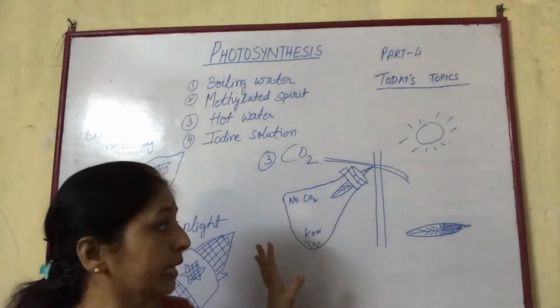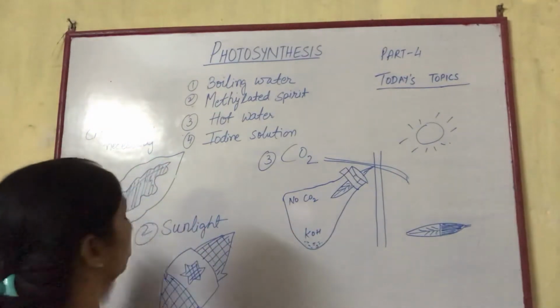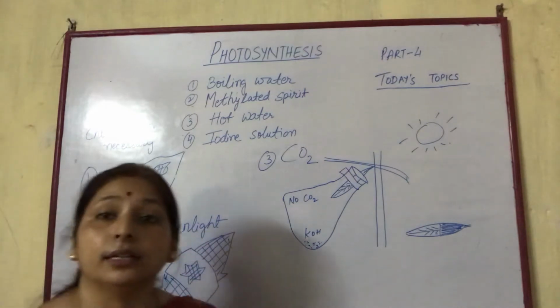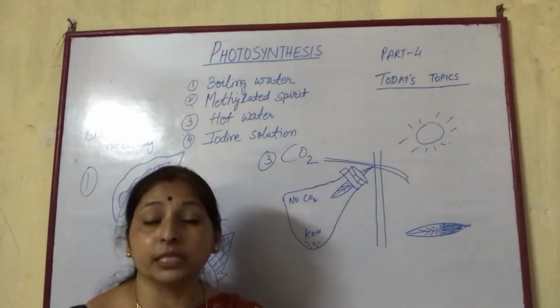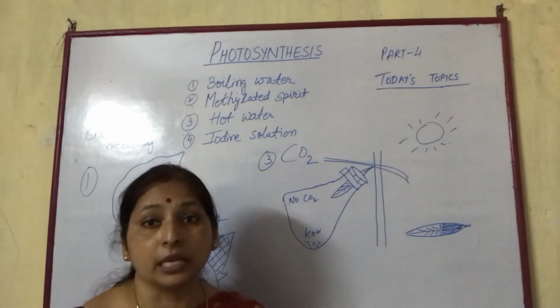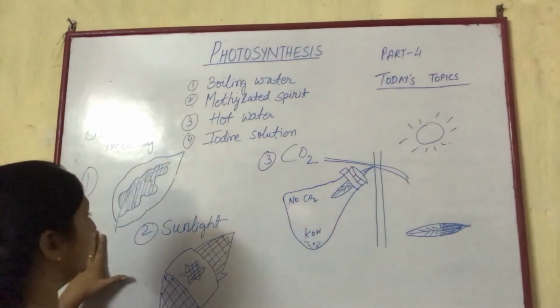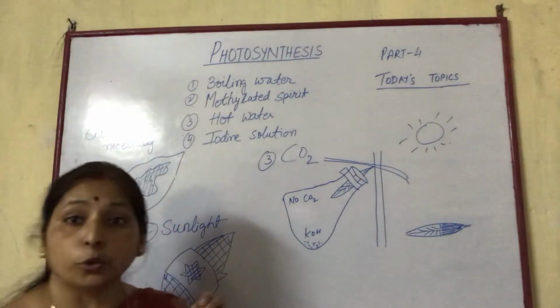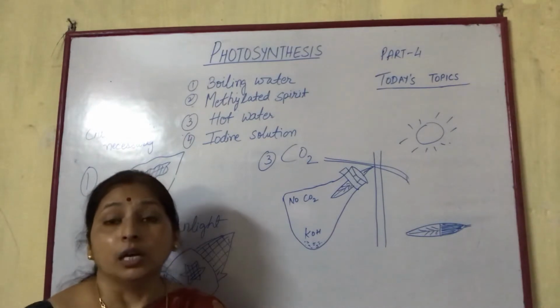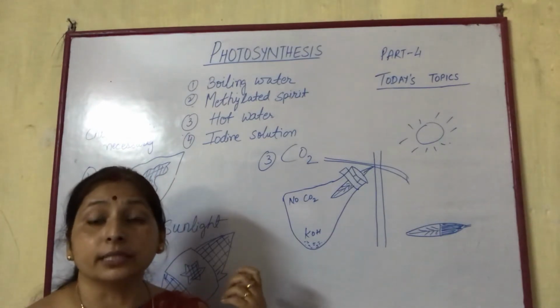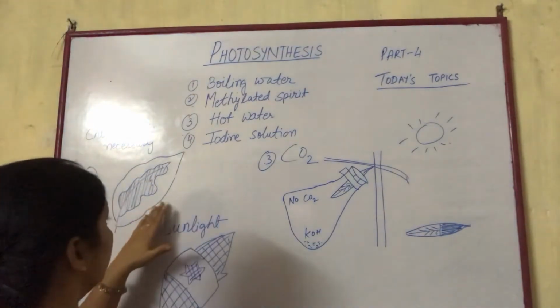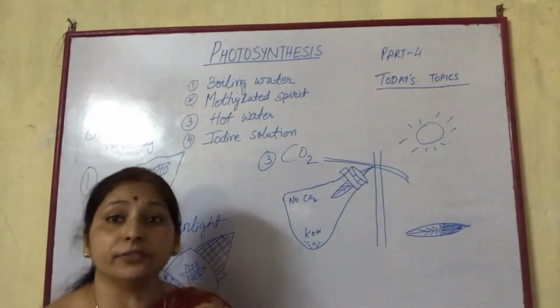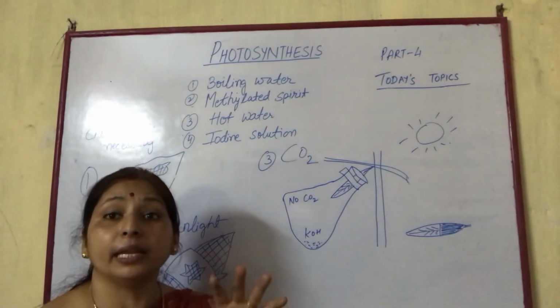Now for the experiments, the first experiment is to show that chlorophyll is a necessary pigment for the process to take place. For this we take a variegated leaf of coleus, croton or geranium. The variegated leaf means the leaf contains green areas in patches.